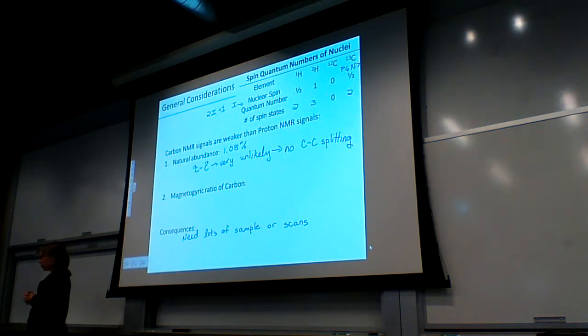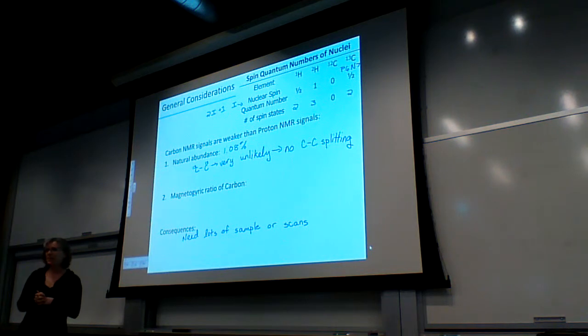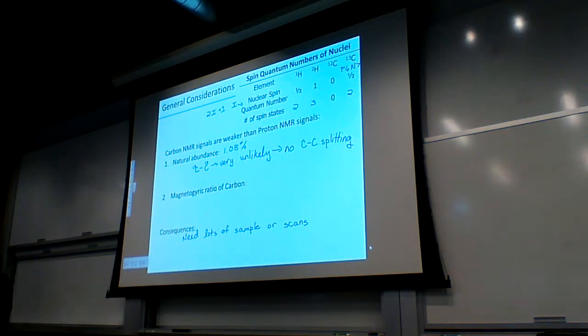The other problem, or maybe it's not a problem, but just a fact of life for carbon, is that its magnetogyric ratio is about a quarter that of the proton. So for proton we had 267.53, and for carbon we had 67.28.